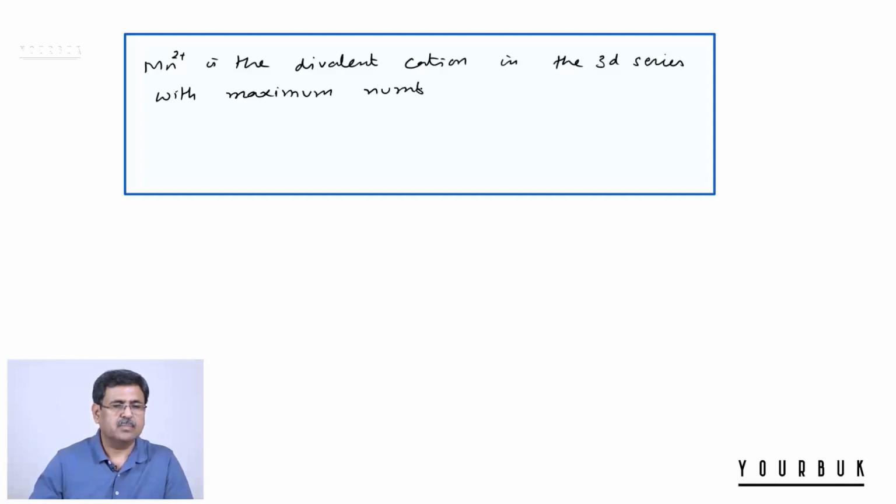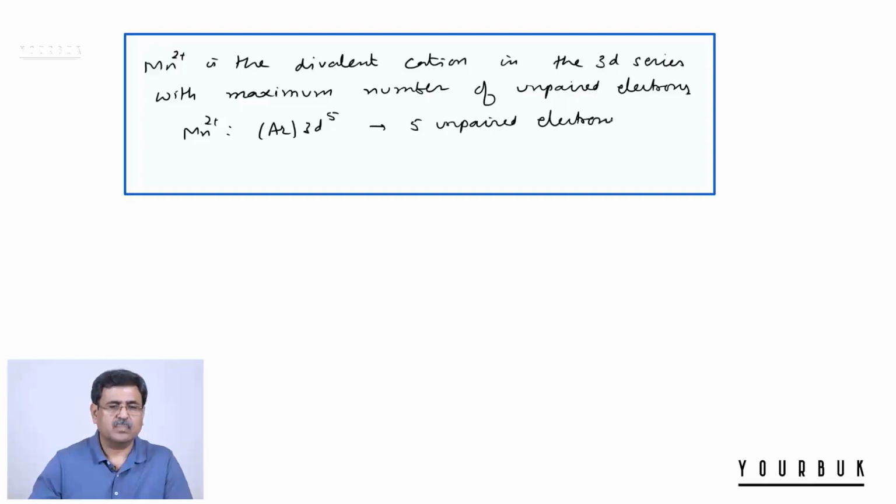Now manganese 2 plus configuration is argon 3d5. So there are 5 unpaired electrons present. And the value of the mu is root of 5 into 5 plus 2. This is root 35 Bohr magneton.